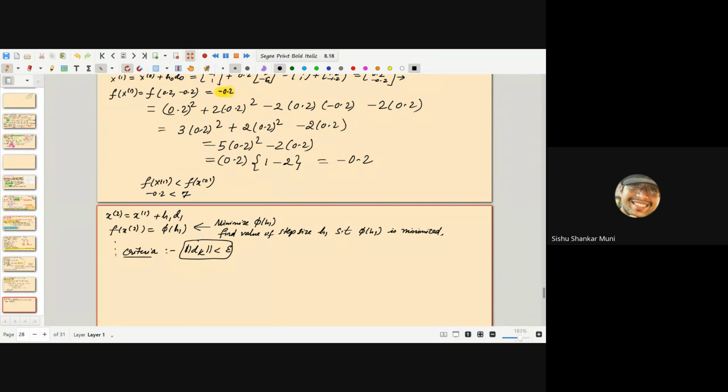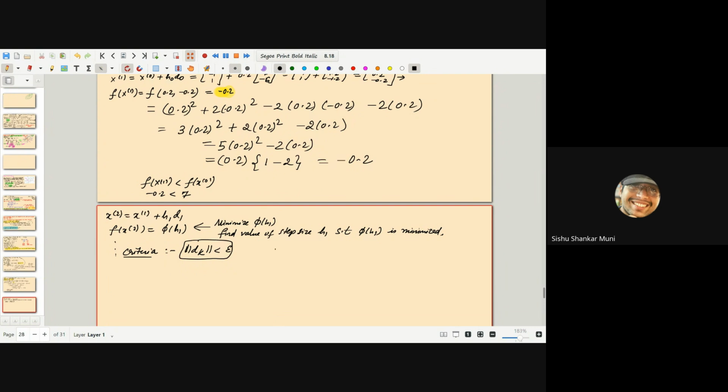Okay, you understood this method. So what are we doing in this method? In this method, at every step, we are updating the step size. We are finding the step size for which the function phi of h attains the minimum.